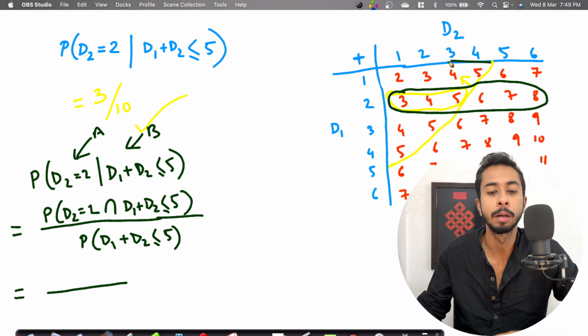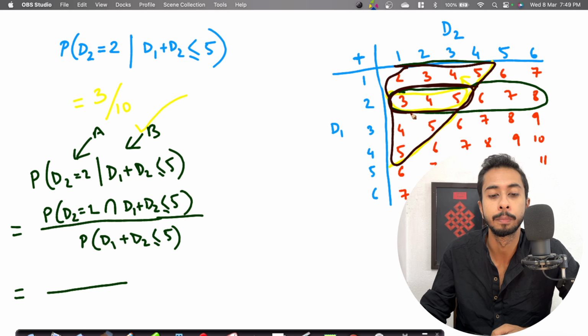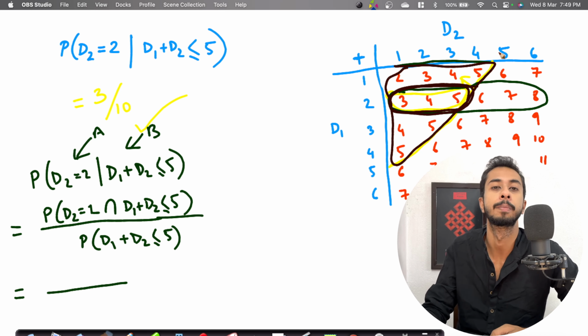Let's take this part. So what is the probability of D2 equals 2? It is this part, and the second part, D1 plus D2 less than or equal to 5, is this part. Then what is the intersection? Only this part is the intersection, right?